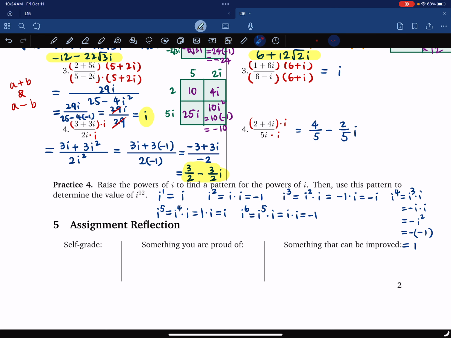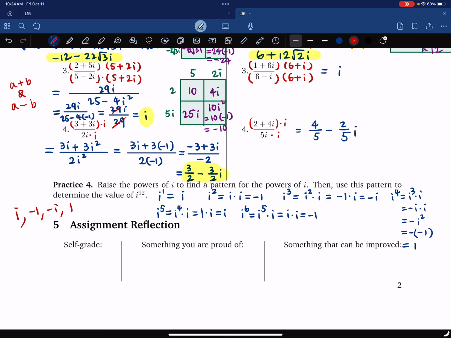So you have this cycle of i, -1, -i, and 1. This is the cycle, starting with the first power. So every 4 powers, the powers of i will follow this pattern.